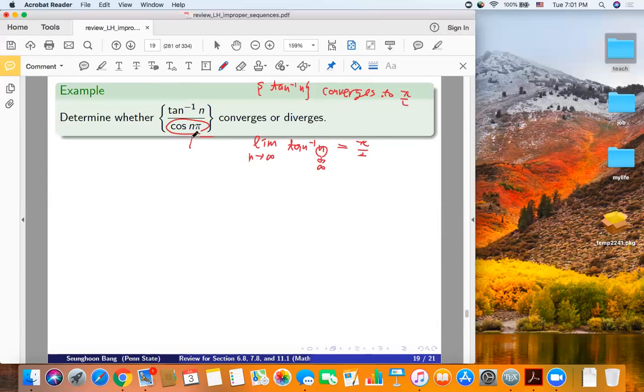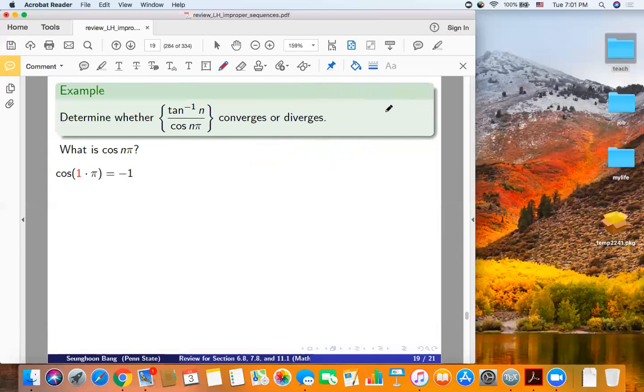But what happens with cosine n pi? Cosine n pi is like an alternating sequence. So what does it mean? Here, what's cosine n pi? You plug in 1. What's cosine pi? Minus 1. You plug in 2.